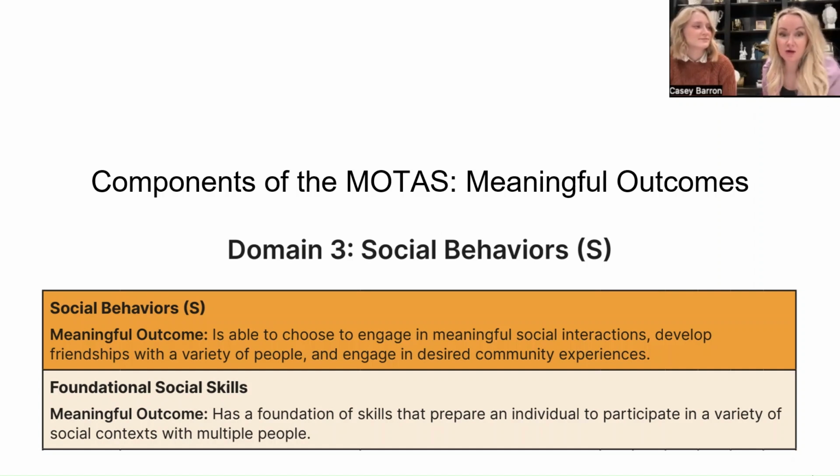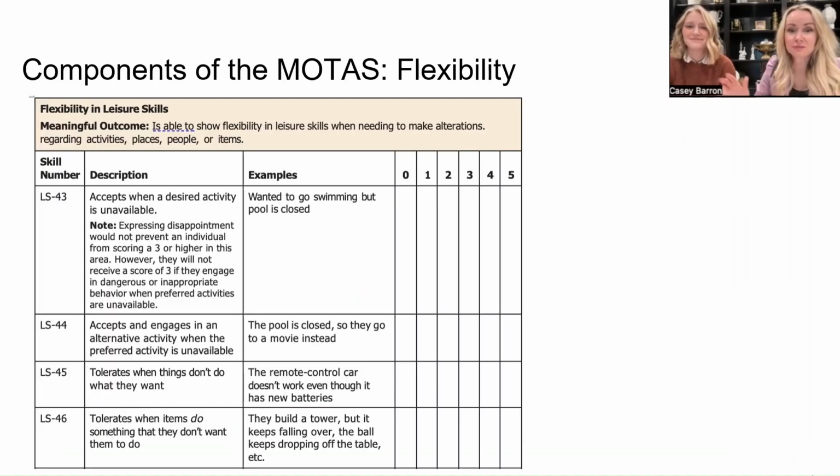And so you'll see here for the social behavior, that meaningful outcome is able to choose to engage in meaningful social interactions, develop friendships with a variety of people, and engage in desired community experiences. You can see how that would be pretty meaningful and something that would be very necessary for clients and their families. And so we wanted to make sure that we focused on that and listed each of those. So there are a lot of meaningful outcomes throughout the whole assessment.